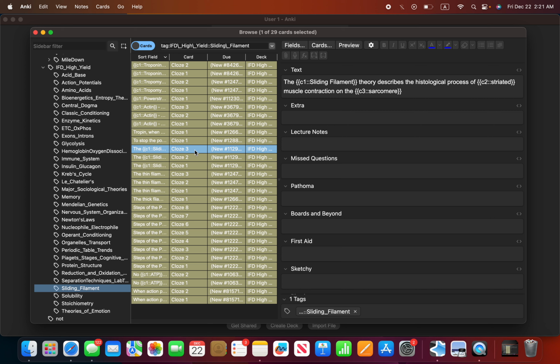It is describing the histological process of striated muscle contraction on the sarcomere. So the striated muscle contraction is happening on the sarcomere, and the histological explanation of that is the sliding filament theory.